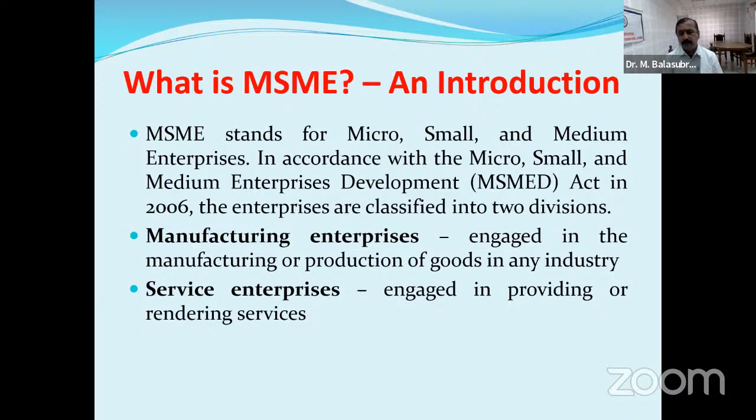First is manufacturing enterprises, engaged in the manufacture or production of goods in any industry. The second one is service enterprises, engaged in providing or rendering services. So there are two divisions in MSME: one is manufacturing and the next one is service. You may wonder under what category hospital will come. I will come to that later.